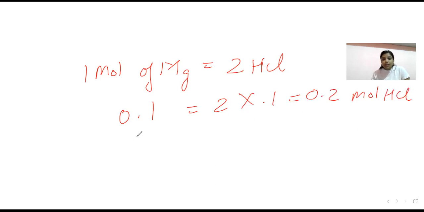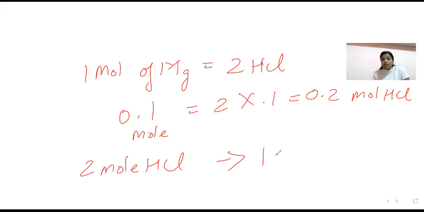Now let us convert back. 2 moles of HCl produce how much hydrogen?